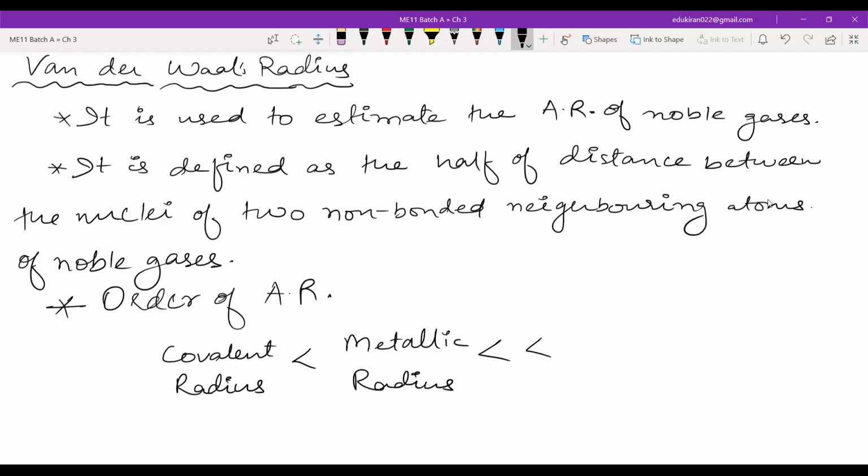Van der Waals radius is much higher. Please write this. Then we will look at the trend.